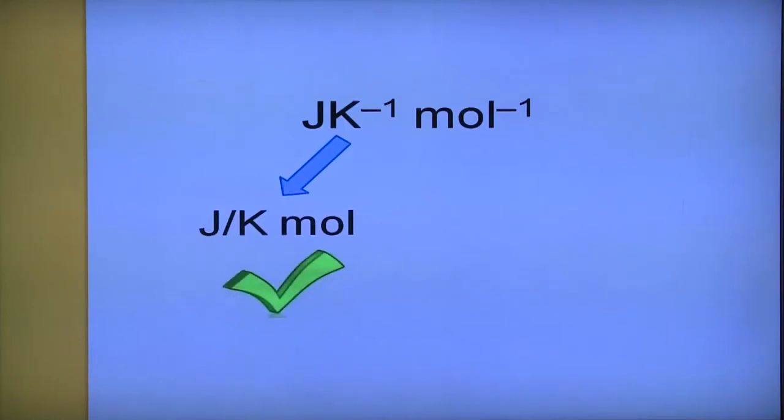For representing unit symbols with negative exponent, the use of solidus sign should be avoided. If used, no more than one solidus should be used. Say, the unit for gas constant, joule per Kelvin per mole, may be represented as J/K mole, but not as J/K/mole.